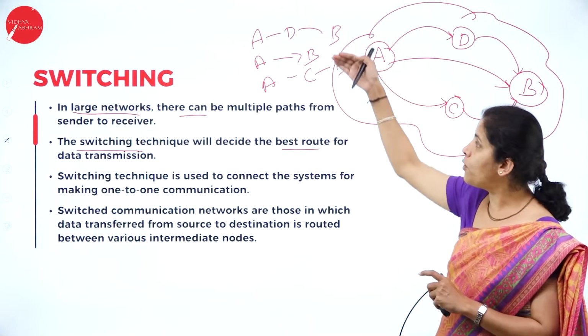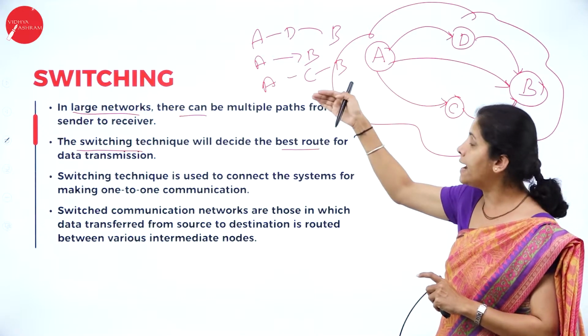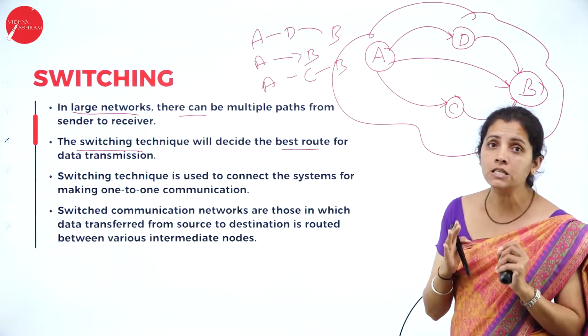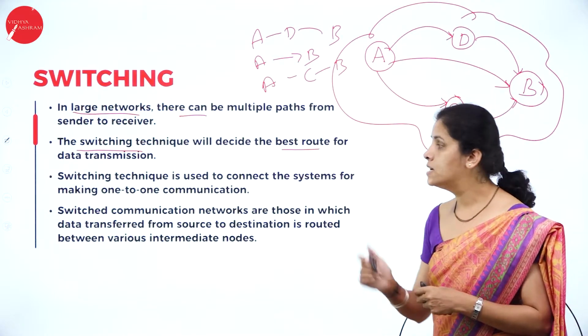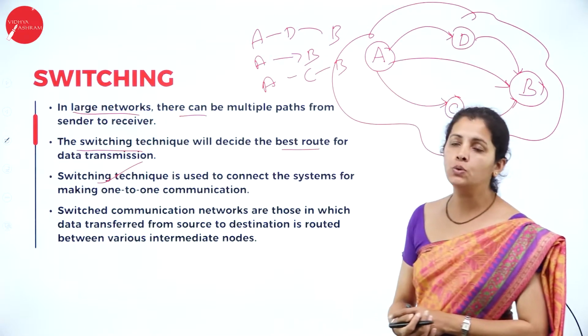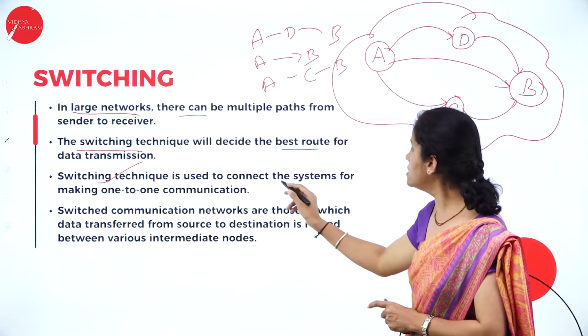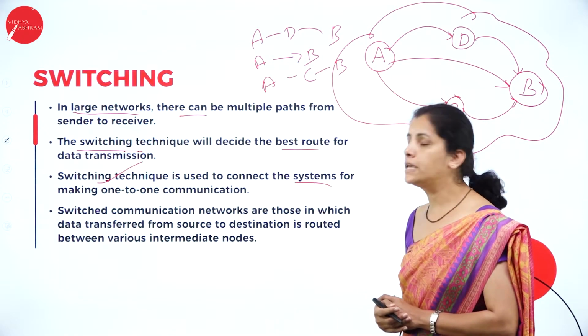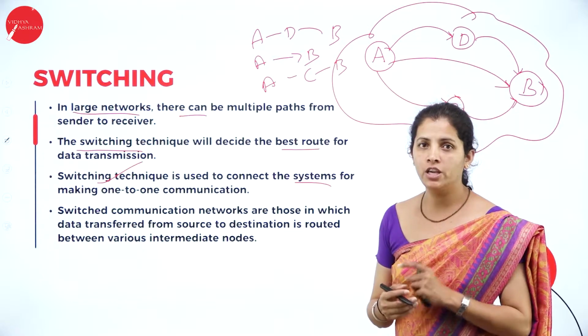I have 3 possible routes, and in that I want to select the best route, and that is known as switching.